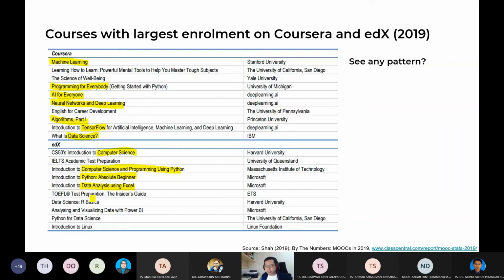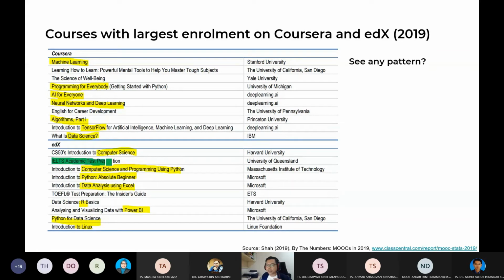R, again, Power BI, Python again, and Linux. So what I highlight here is that I would put them in one category. These are the popular courses. So if you're thinking about a course that will be popular, which is a really important aspect, think about offering this type of courses.